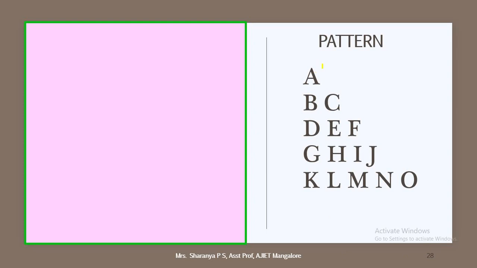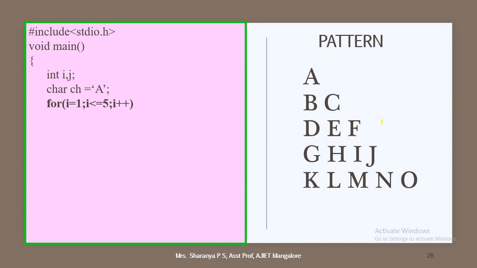When we look into the next pattern, here we are trying to display a continuous pattern. What is the small change we can make to the previous code? Here the CH will begin with A itself, and the loop will run till 5. The condition is the same, and the J loop will begin with 1, and here also in each line there will be 1, 2 and so on, which will keep running along with the I value. And what does CH need to display? CH will be displayed.